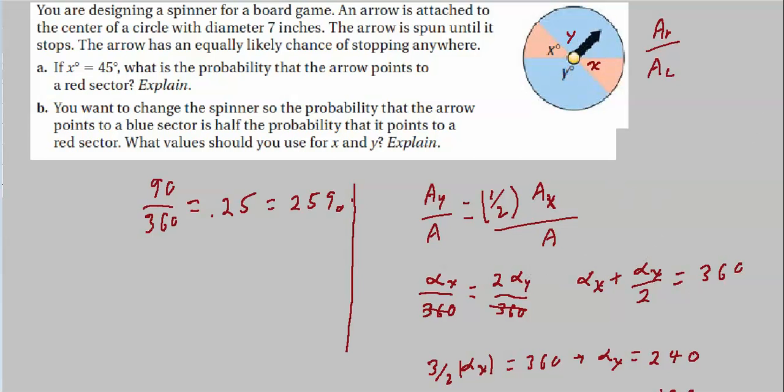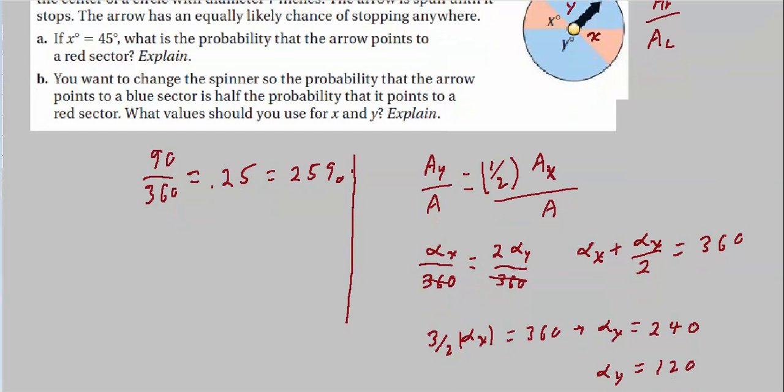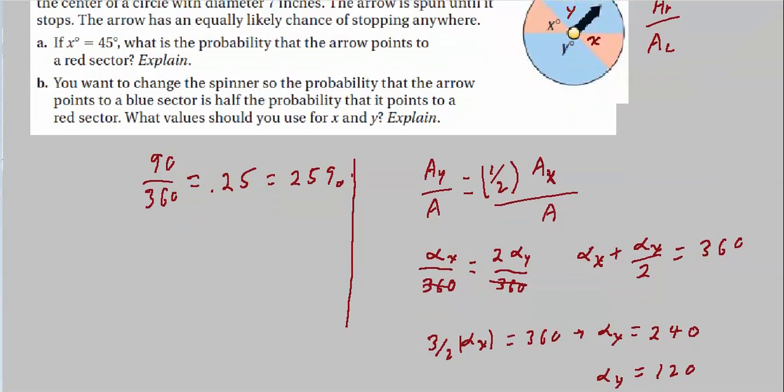Well, if we do that, we would get 3/2 alpha sub x equals 360, or alpha sub x equals 240, and right down here we get that alpha sub y equals 120.